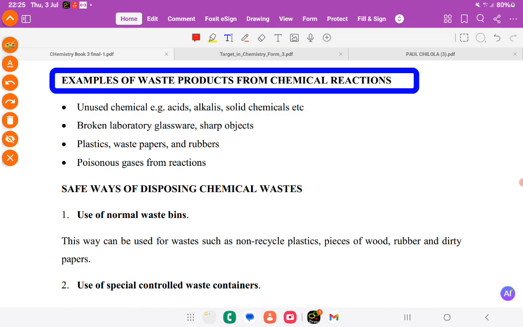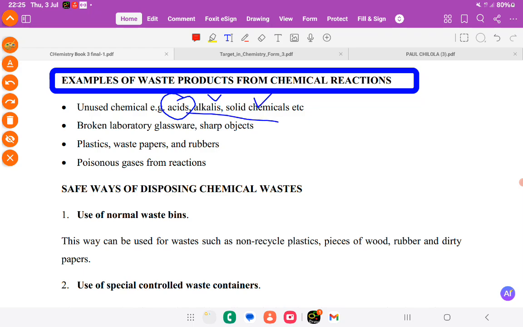Examples of waste products from chemical reactions can be unused chemicals such as acids, alkalis, or solid chemicals.